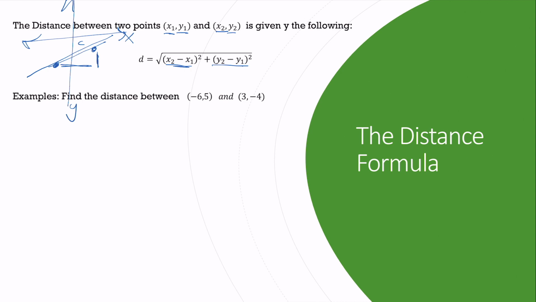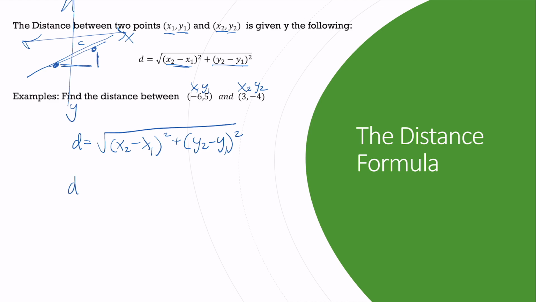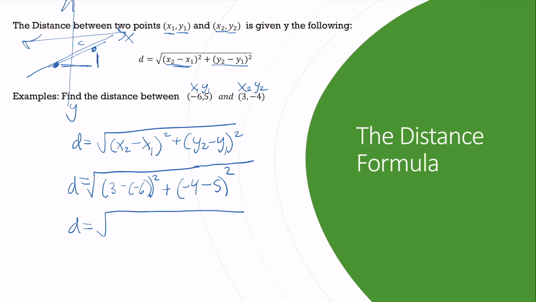So for example, my distance is the square root of x2 minus x1 squared plus y2 minus y1 squared. I label my points x1, y1, x2, y2, and then I substitute. Distance is the square root of 3 minus a negative 6 squared plus negative 4 minus 5 squared. So distance is the square root of 3 minus a negative 6, that becomes 9 squared, plus negative 4 minus 5, that's negative 9 squared.